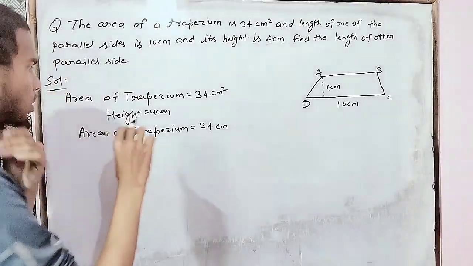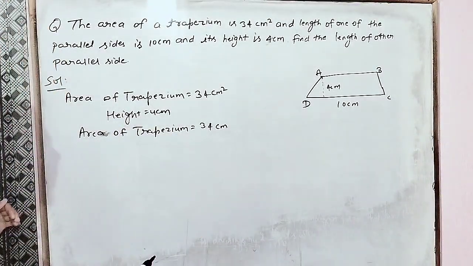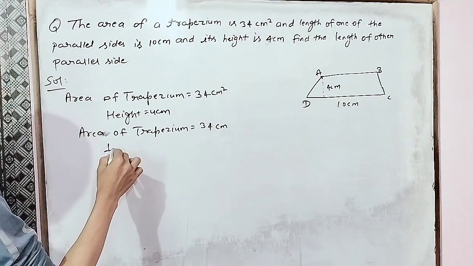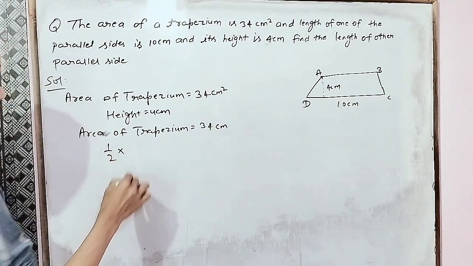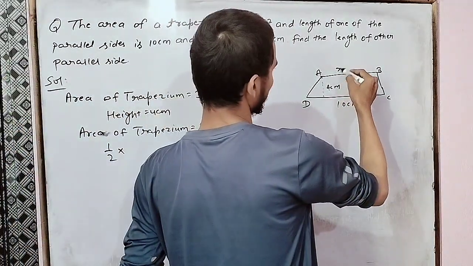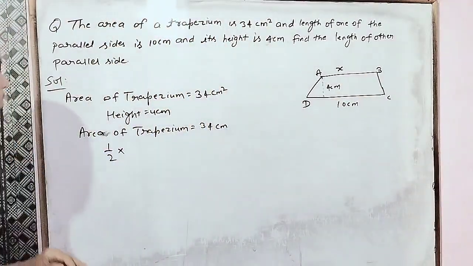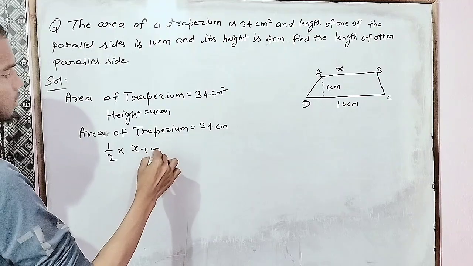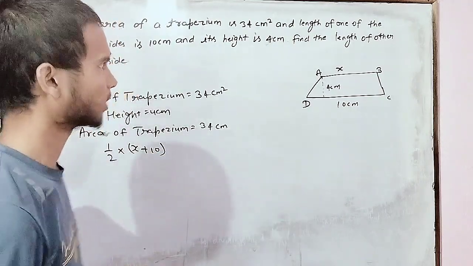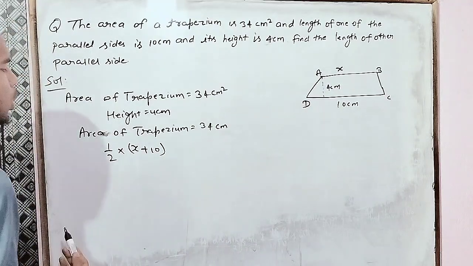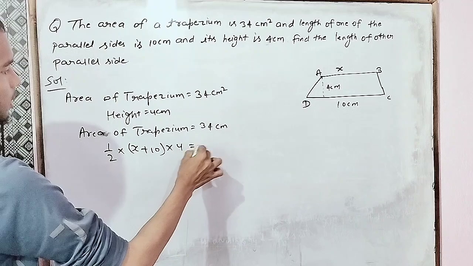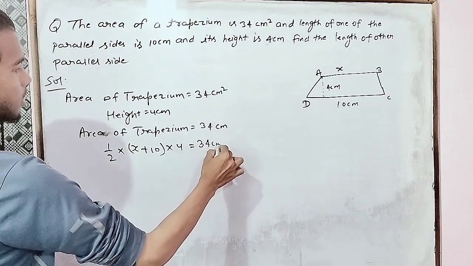So area of trapezium is 1 by 2, then the sum of parallel lines. Let's say we don't know one, so to an unknown we apply a variable, which would be an alphabet. So x plus 10, then the height, 4, is equal to 34 centimeter square.